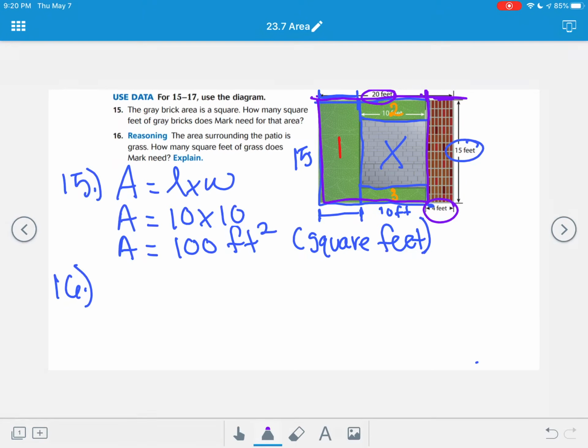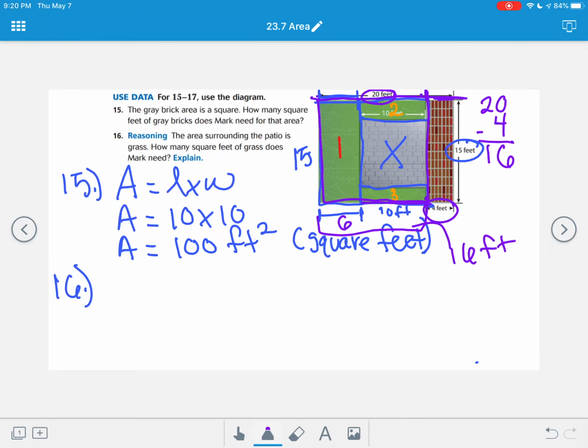I know from down here that it's 4 feet, so I'm going to take first 20 minus 4, and that's going to tell me what the grass is actually measuring. So 20 minus 4 is 16. So I know that the total for the grass is 16 feet. So that means that this part that's 10 feet, this is another 6. So that means this entire part here is 16 feet.